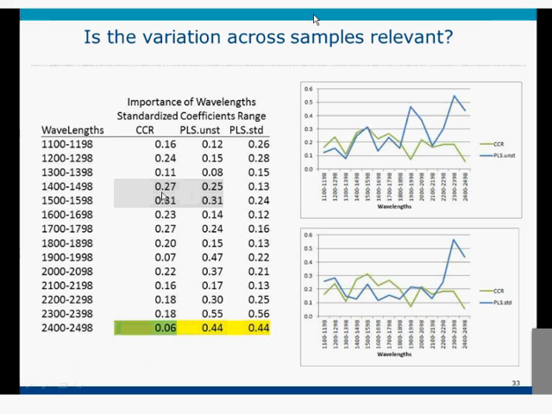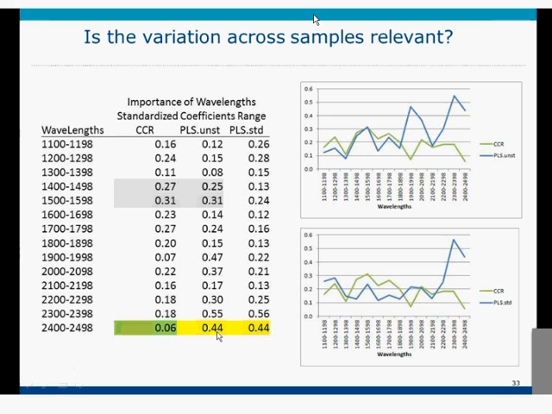So here we use all the predictors, and here we see from 1400 to 1500, both CCR and PLS with unstandardized data agree that these ranges are important because the standardized coefficients, the peak-to-peak obtained in that range, is high. Where if we look down here at 2400 to 2500, CCR said these are not important at all, while PLS says that these are among the highest.